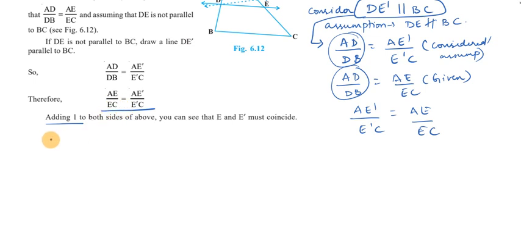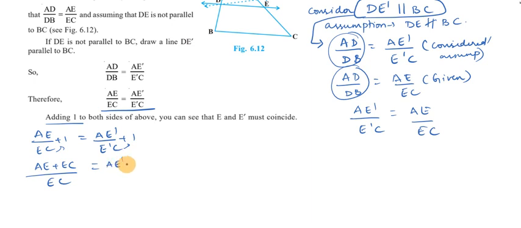So AE by EC plus 1 is equal to AE dash by E dash C plus 1. So you can cross multiply, so you will get AE plus EC by EC is equal to AE dash plus E dash C by E dash C.